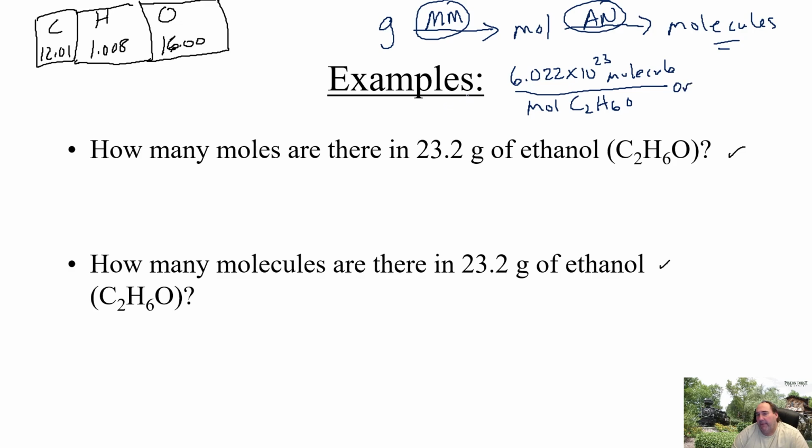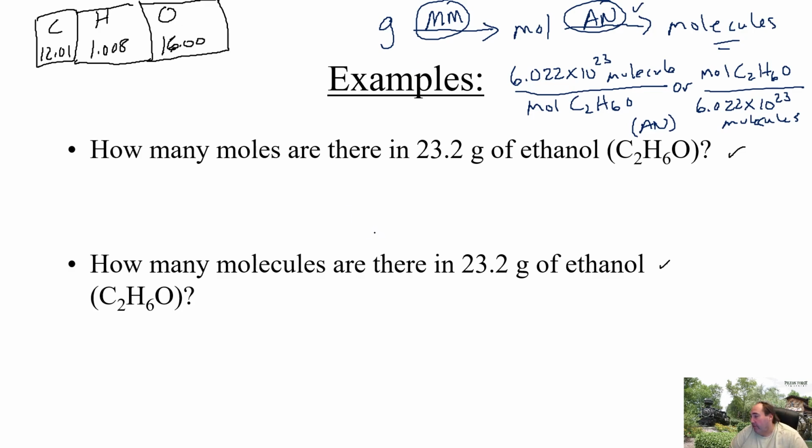Or we could use it in the opposite way, that a mole of ethanol, C2H6O, is, do my best to squeeze this in here, 6.022 times 10 to the 23. I'm just going to write molecules underneath it. Maybe put a C in there would be good. There we go. So these are our two conversion factors for Avogadro's number, which we need really for this part of it and the second part of the question.